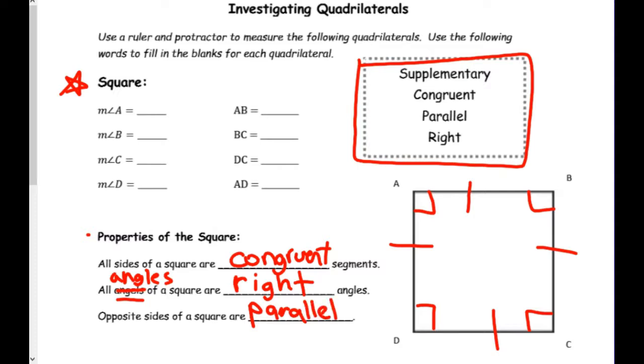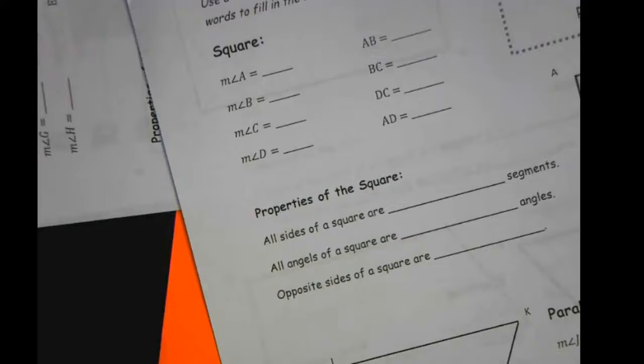So parallel, how do we notate that? With little arrowheads. So check it out. Arrowhead, arrowhead, two arrowheads, two arrowheads. Okay? Now, we'll come right back to this, but we want to measure so we can fill in these blanks. So hold your horses on this, okay?